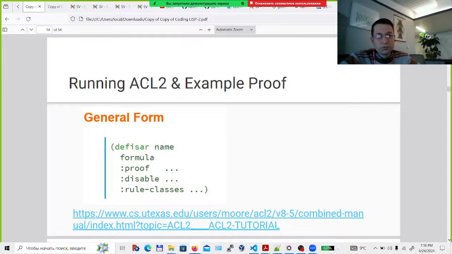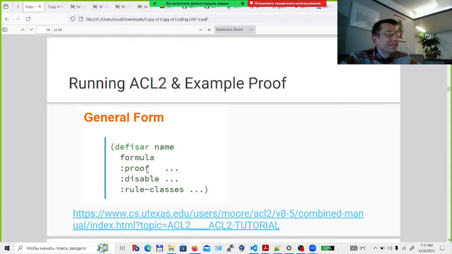In ACL2 you just have to formulate your formula with exact values. So for example, if you have just integer type, you can formulate your quantifiers for integers, not just some dependent types and other things.